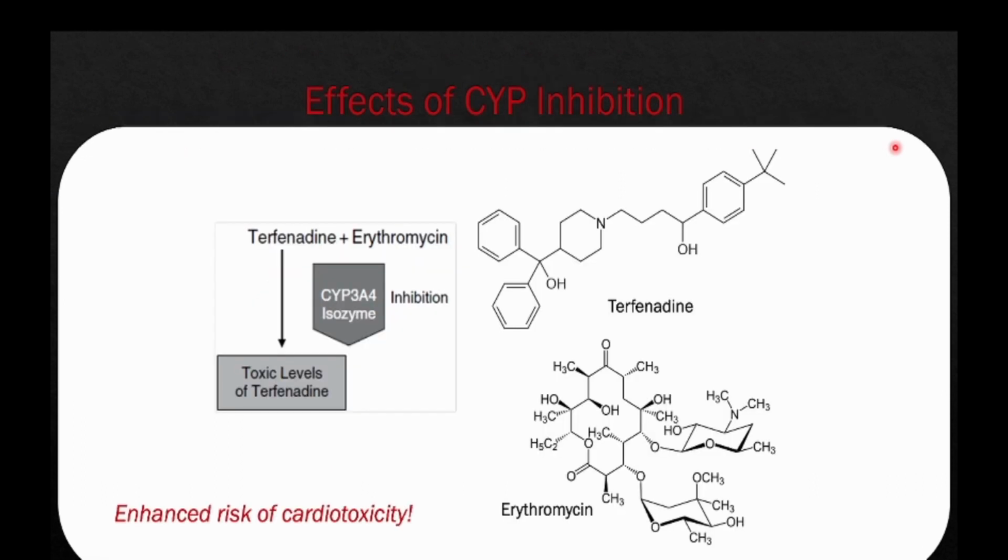If we look at the effects of cytochrome inhibition, for example, terfenadine plus erythromycin, we can get inhibition of the cytochrome 3A4 isoenzyme. What happens is you get toxic levels of terfenadine, and this can lead to enhanced risk of cardiotoxicity.